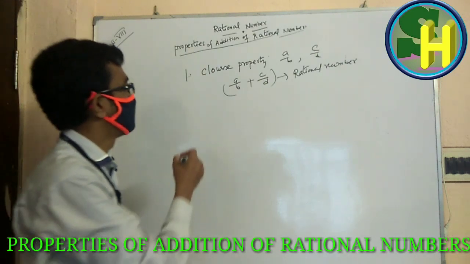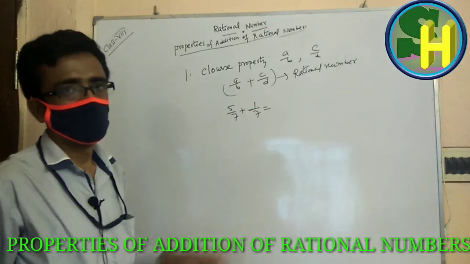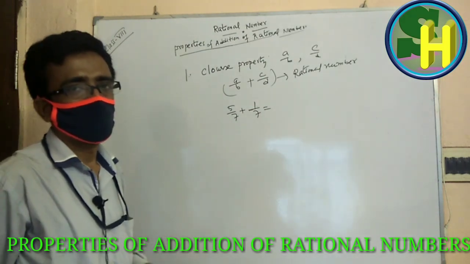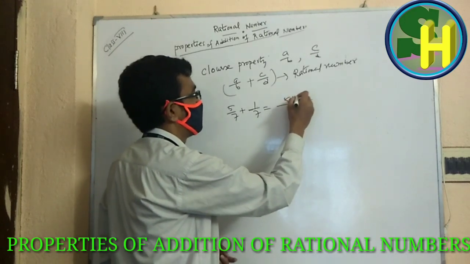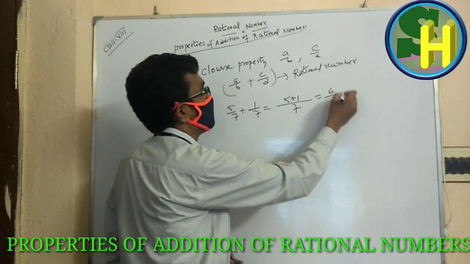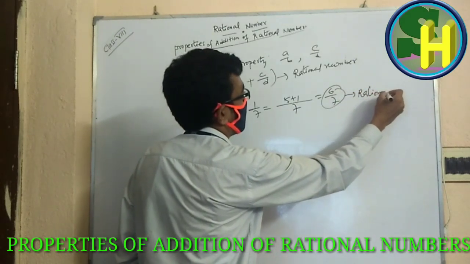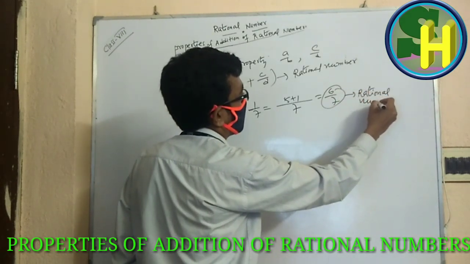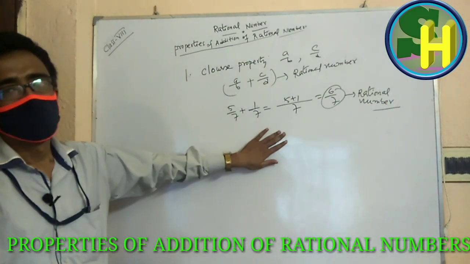We simply take an example: 5 by 7 and 1 by 7. Both are rational numbers. Simply add: 5 plus 1, this will be 6 by 7. This is also a rational number. So this is the closure property.